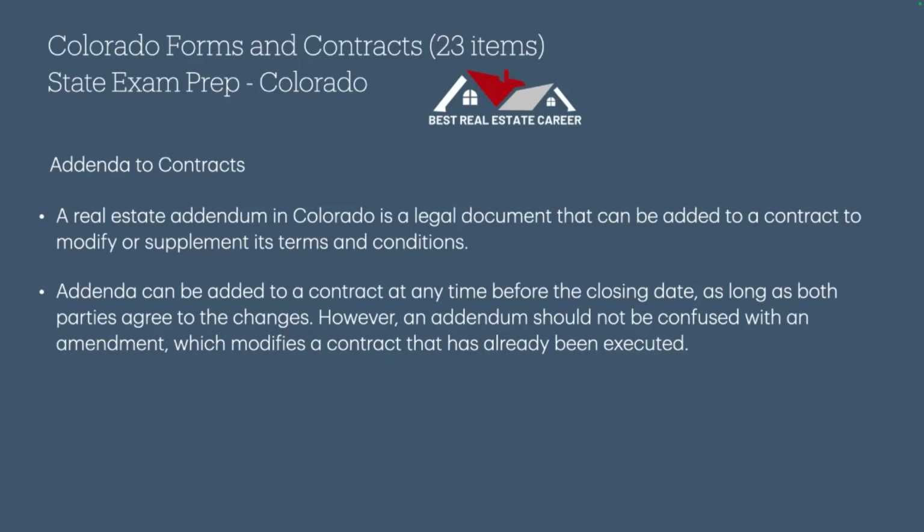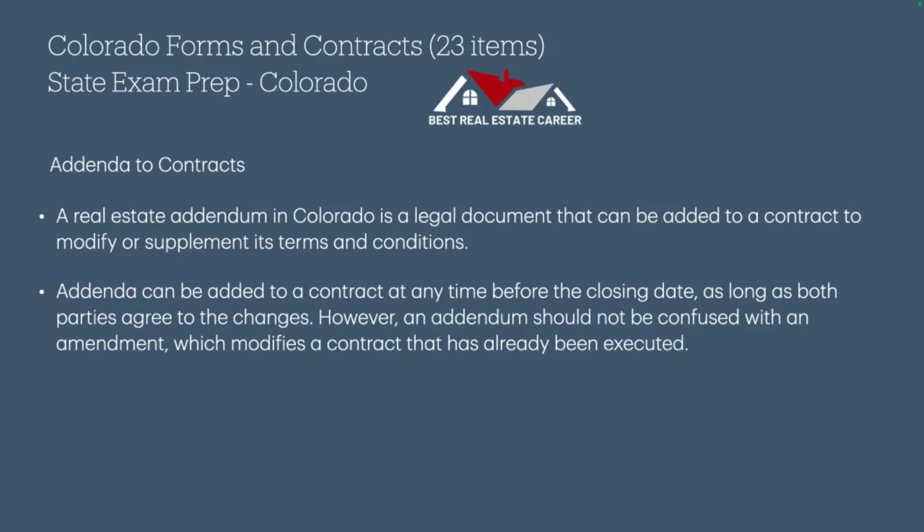As long as both parties agree to the changes, however, an addendum should not be confused with an amendment, which modifies a contract that has already been executed. So an amendment is different than an addenda. We have a contract that's already been signed and we're just changing some things.